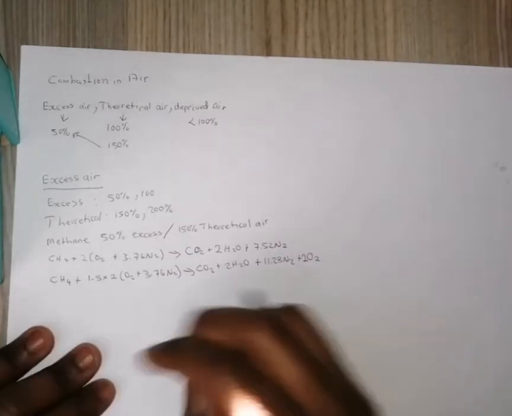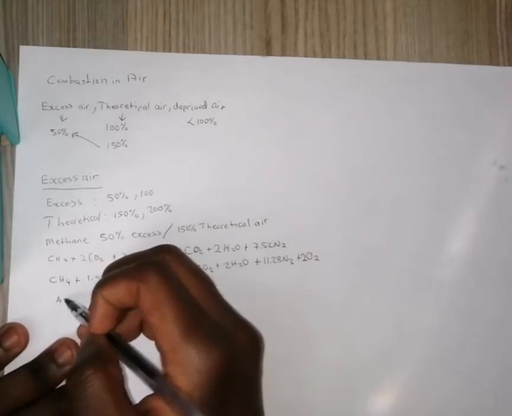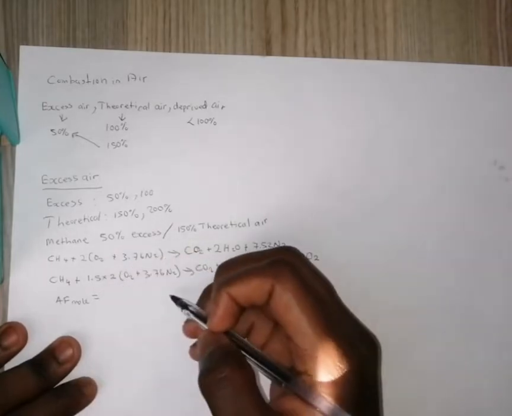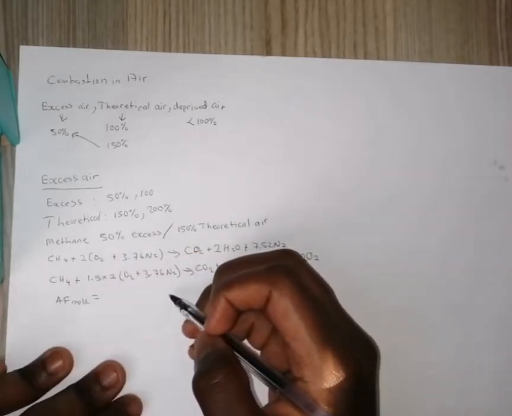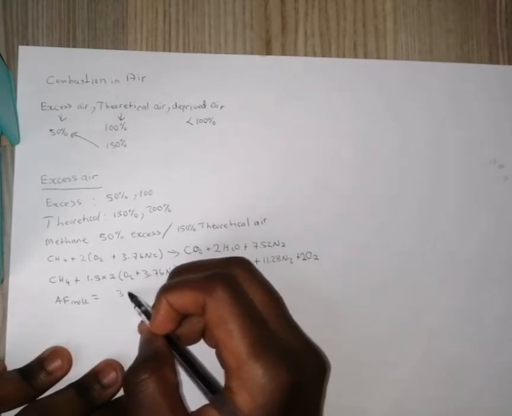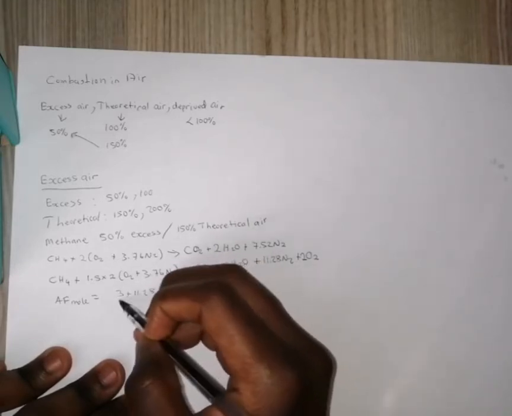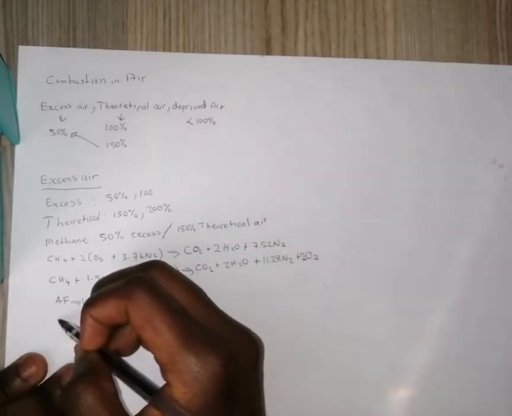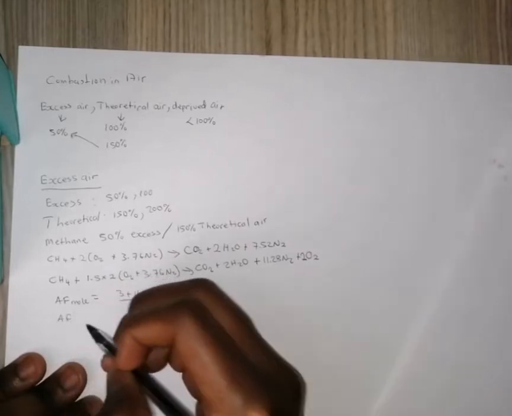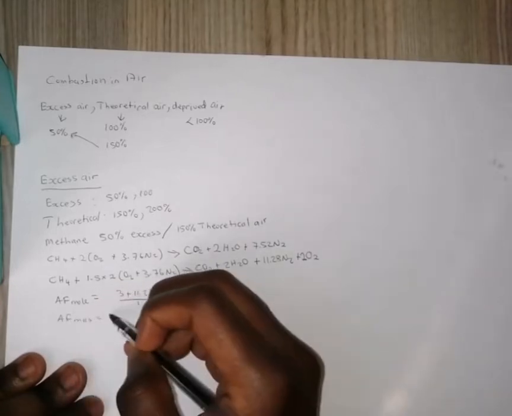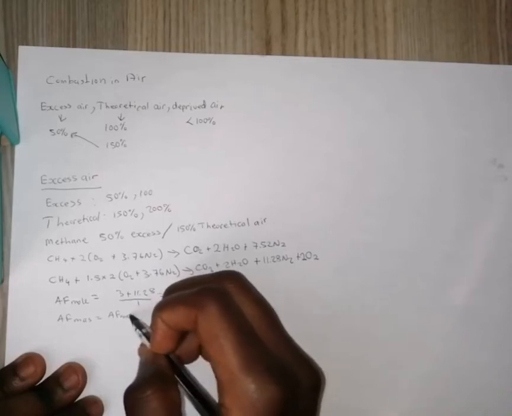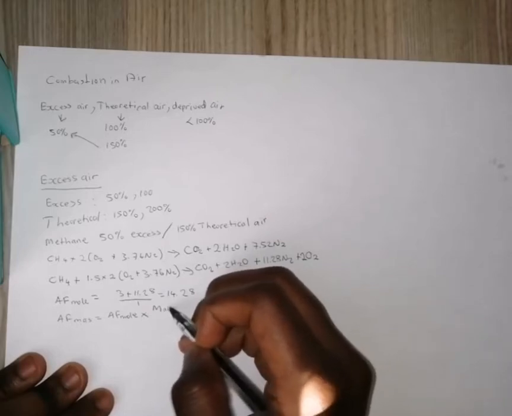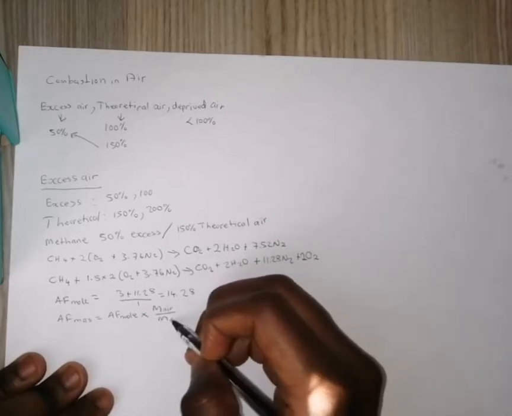Then let's try and find the air-fuel ratio. We'll start with the air-fuel mole ratio. The air-fuel mole ratio will be equal to 3 plus 11.28 over 1, which is equal to 14.28. Then the air-fuel ratio by mass is equal to the air-fuel mole ratio times the molecular mass of air over the molecular mass of the fuel.